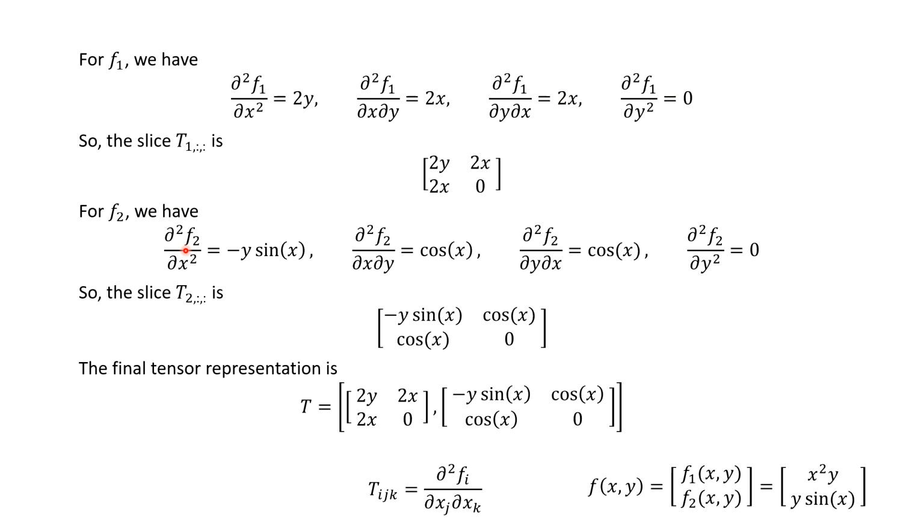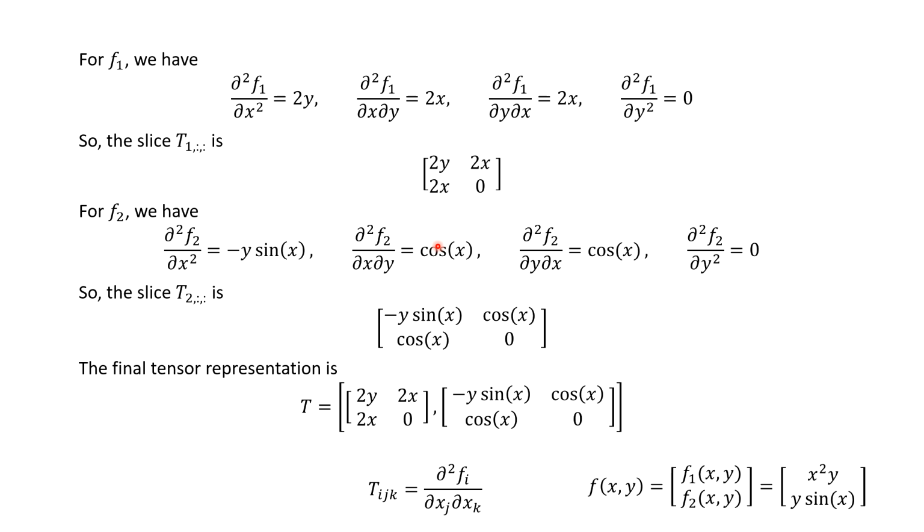We do the same thing for the second function. Let's just look at a couple of these. If we take the partial with respect to x twice of this, first we get y cosine x, and then we get y times minus sine x.